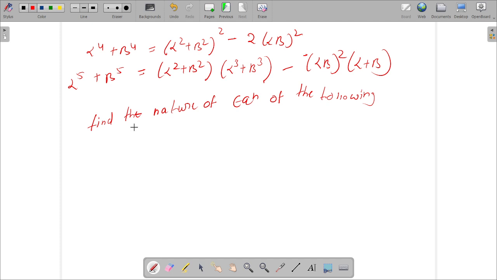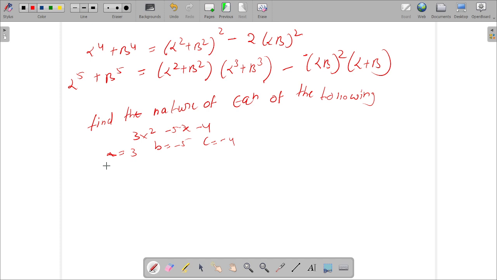Just to understand easily, 3x square minus 5x minus 4. Okay, so let a equal 3, b equal minus 5, c equal minus 4.